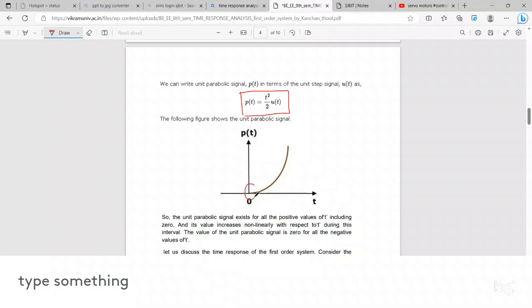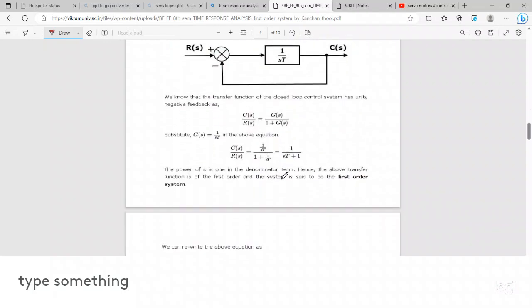At t equal to 1 you get 0.5, at t equal to 2 you get 2, that is t square by 2, and it continues till infinity. On the negative end the value is 0.